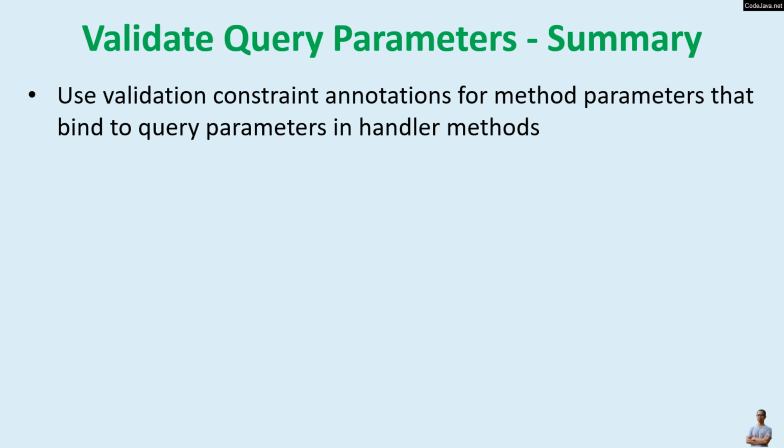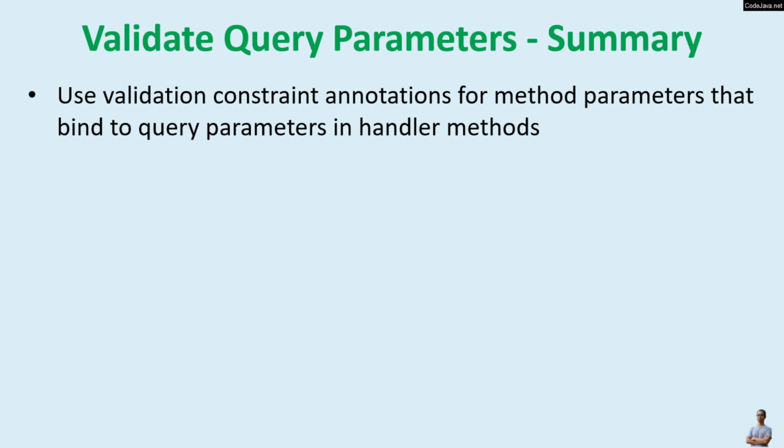Alright, so now you have learned how to validate query parameters of a REST API request with Spring Boot Starter Validation. Let me sum up the key points.